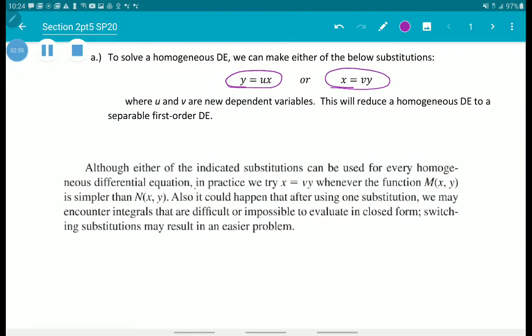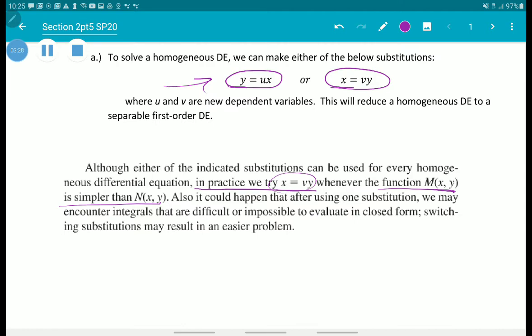But in practice, you try to use x equals vy wherever the function m is simpler than n. Now, simpler kind of is a relative term. What seems simpler to you may be a little different than what seems simpler to me. But that's a good thing to try. If you think m is simpler, try using x equals vy.